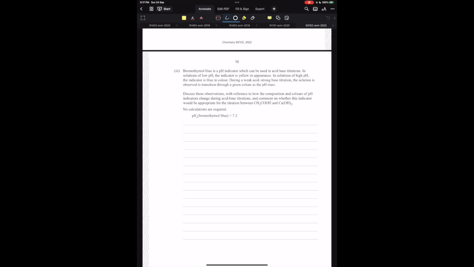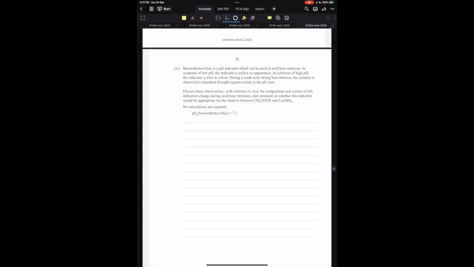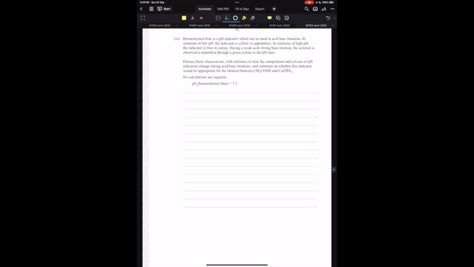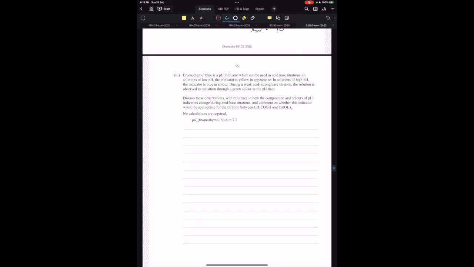So, there's two components to this question again. Observations of color changes and why that happens, and comment whether or not this would be appropriate for the titration that we have been calculating before. So, how pH indicators work, which is what you need to explain for this question, is that pH indicators are basically just acids.